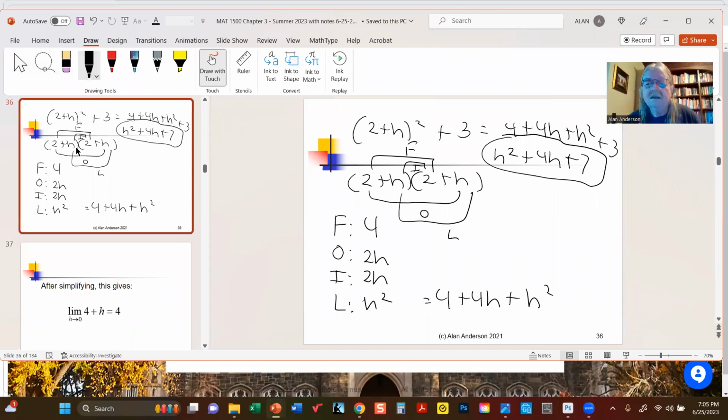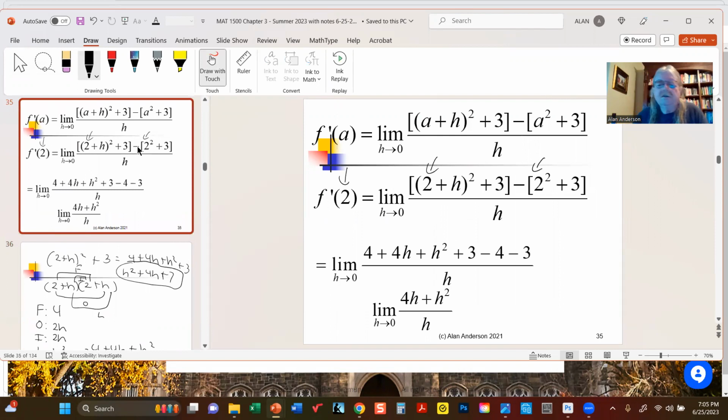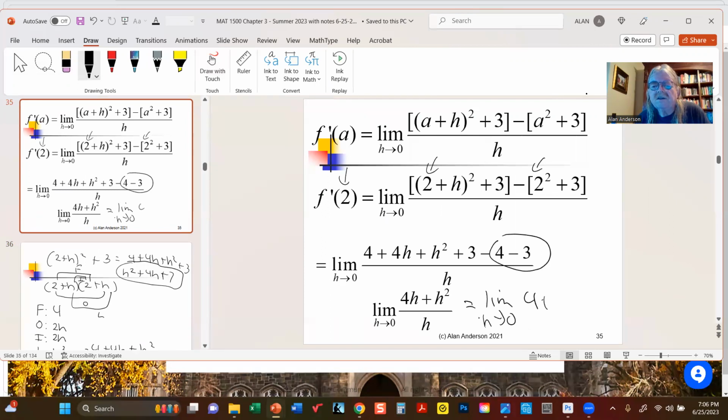All right. Anyway, so then you've got the second term, a squared plus 3, where we're subtracting off 4 plus 3. So ultimately, you end up with 4h plus h squared over h, and that nicely reduces to 4 plus h.